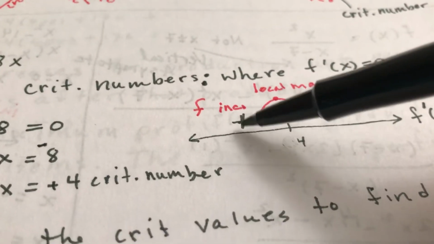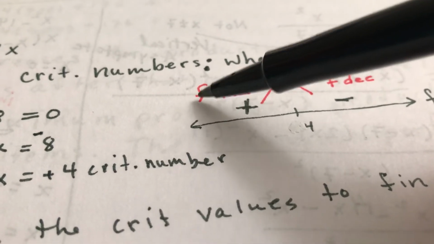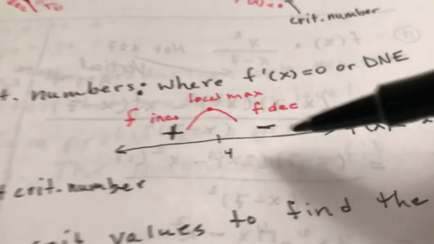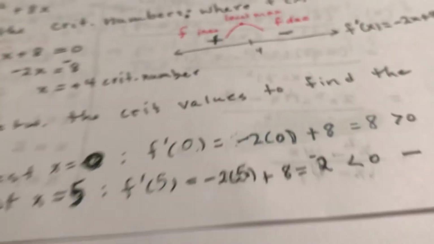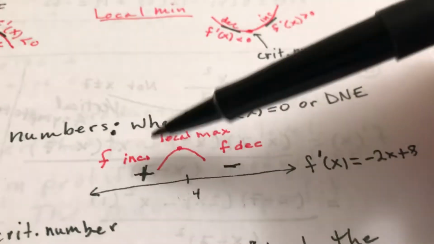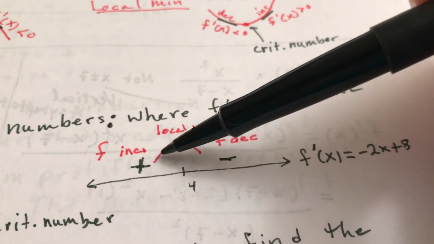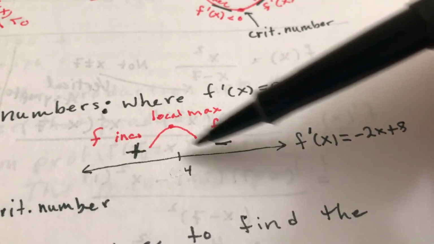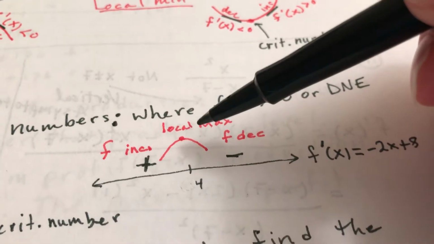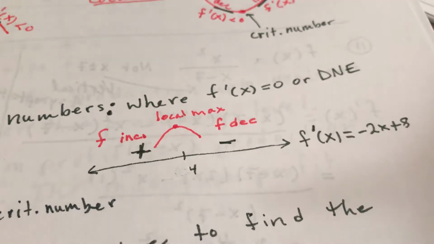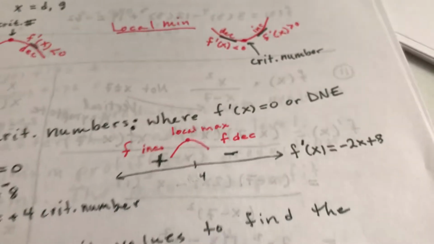If you get a plus here, your f is increasing. If you get a negative, your f is decreasing. Now, the other thing to observe is if the function increases and then decreases, so I drew kind of a little sketch of what this might look like, you get a local maximum, that's a high point. So what you're going to do is conclude after that.